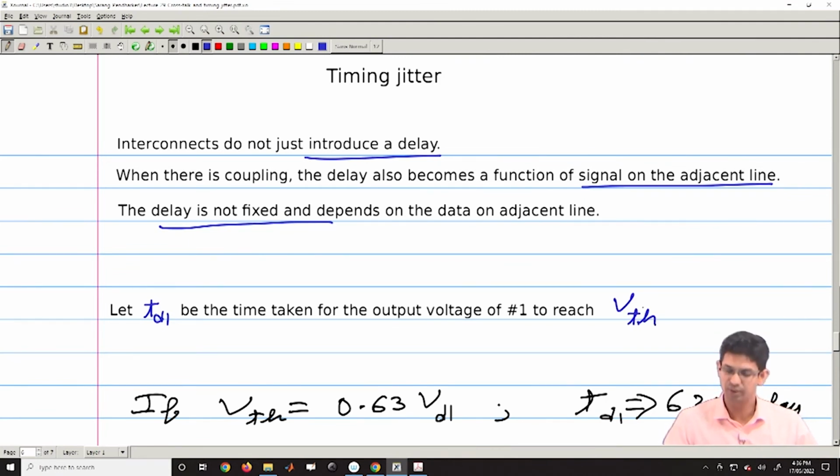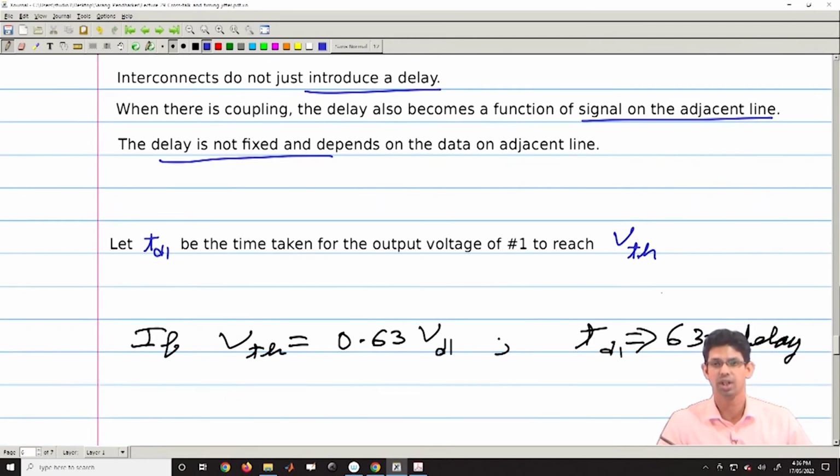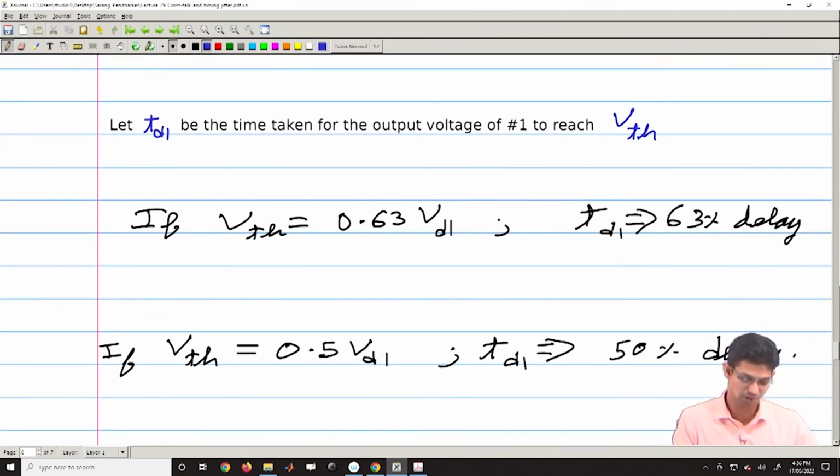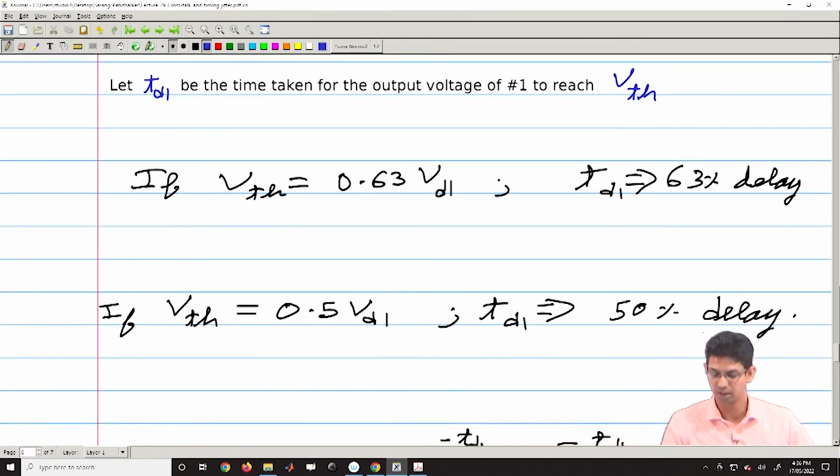This VTH can be anything, it will not change the argument we are making. If VTH is equal to 0.63 times the maximum value, then TD1 is your 63% delay. If VTH is 0.5 times your maximum value, then your delay is 50% delay.